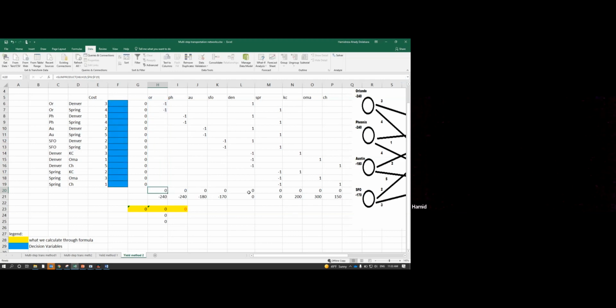When I look at the summation of inward and outward flow for each warehouse, look what happened: I'm considering the loss.